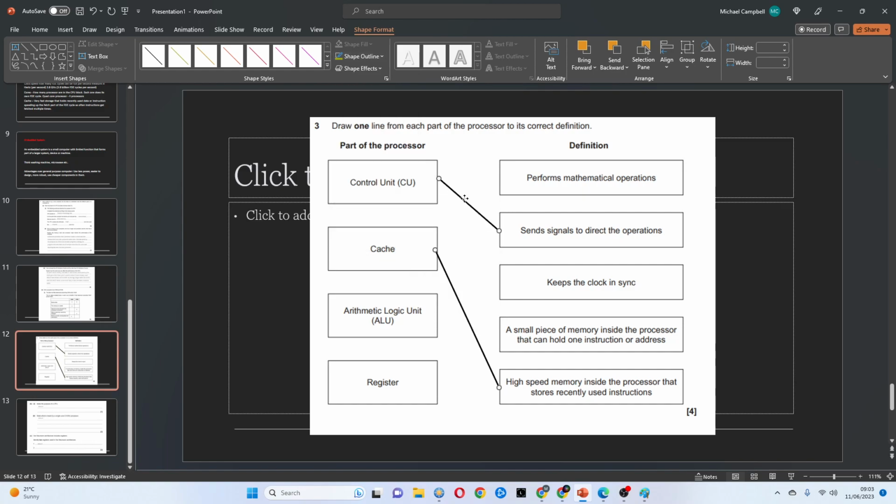Keeps the clock in sync, that is also the control unit. Register is a small but fast bit of memory. And the arithmetic logic unit does all the math. That is the answer to that one.